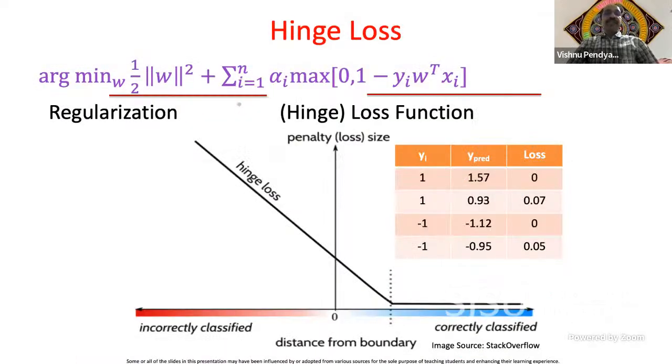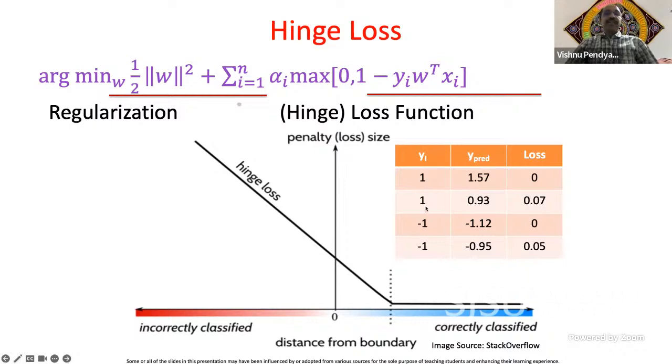Now a little bit about hinge loss. Look at these values. If the prediction is say 1.57 and the actual is 1, the loss is 0, right? Because the point lies on the right side of the margin, and there's no loss.